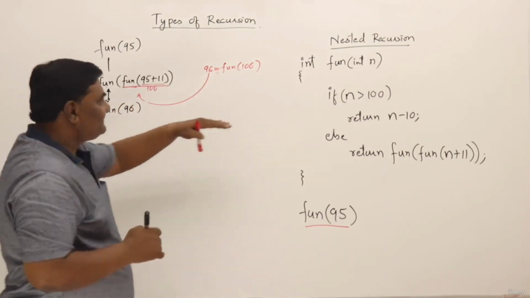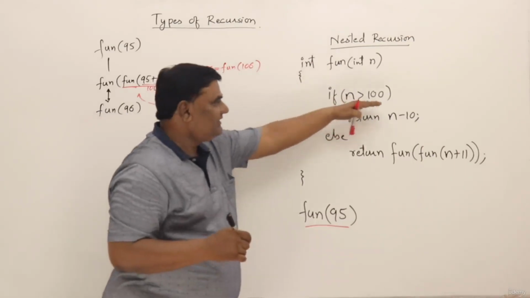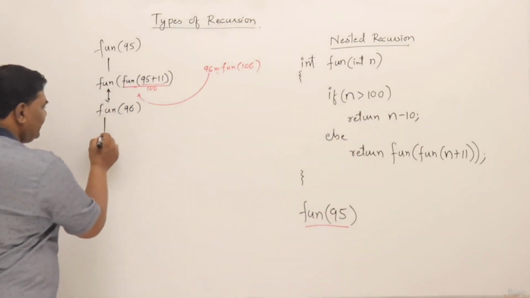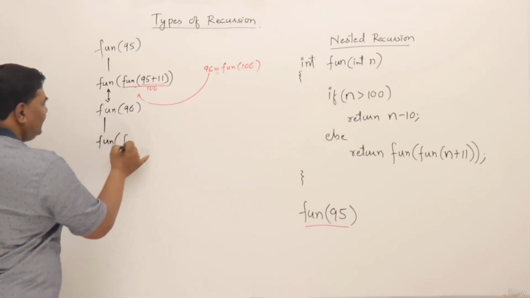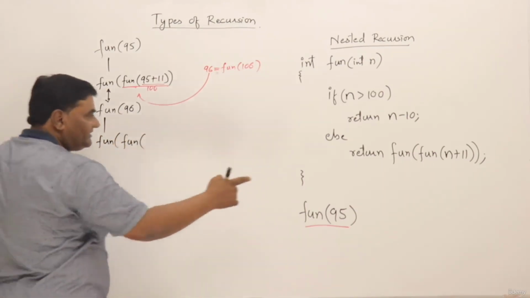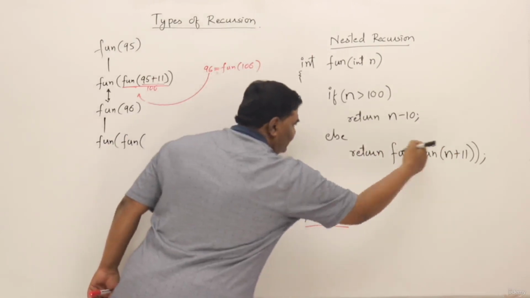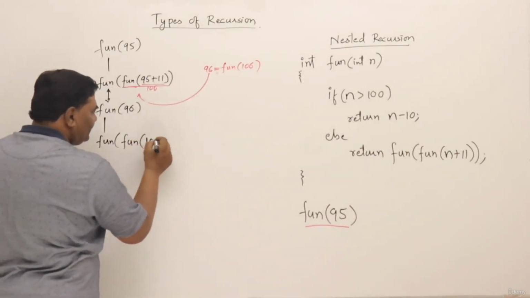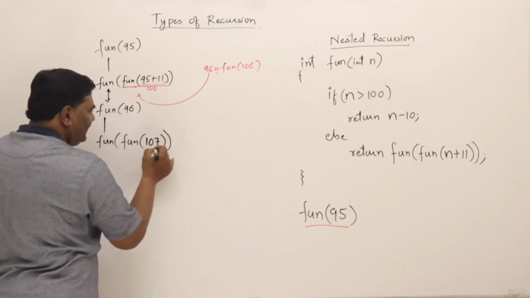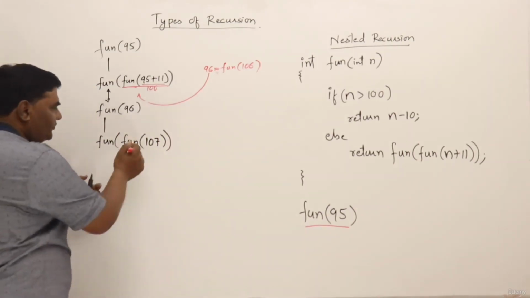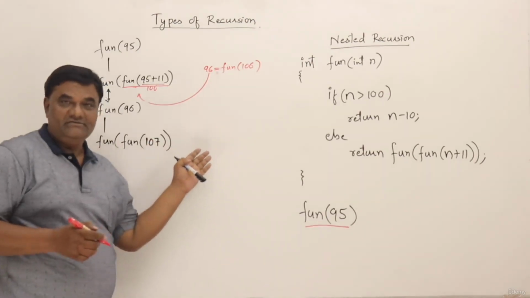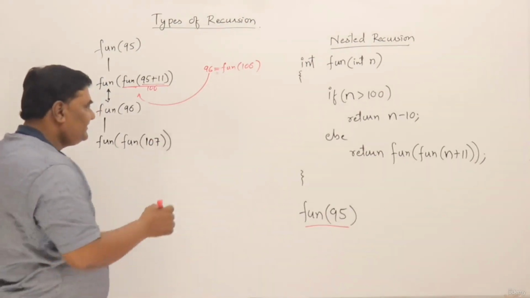Now for 96, 96 is not greater than 100, so it enters into this else part. Then it will make a nested function call with n plus 11. So 96 plus 11 is 107. I am directly writing the value. I should know the result of fun of 107, so let us find out fun of 107 here.